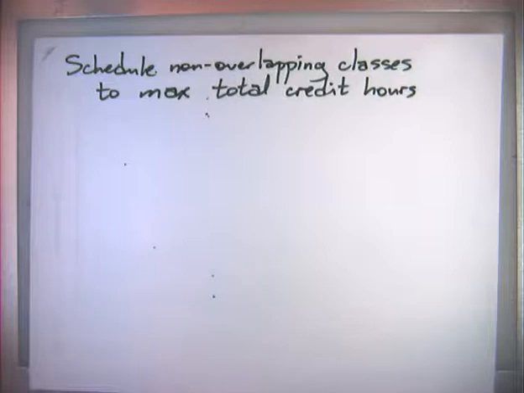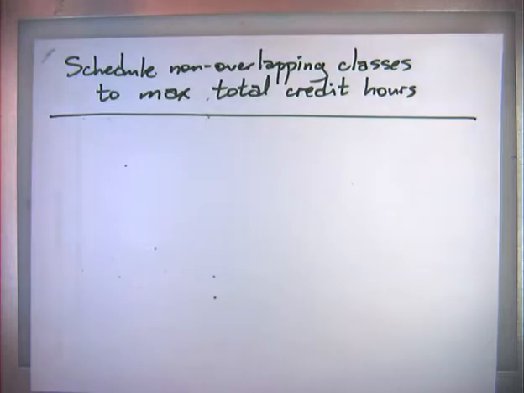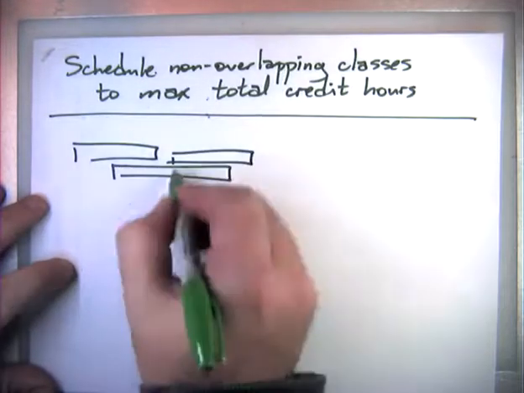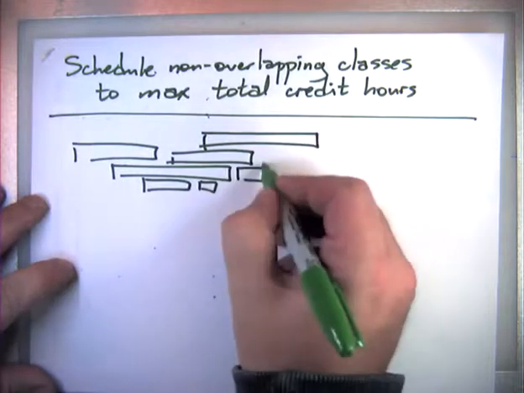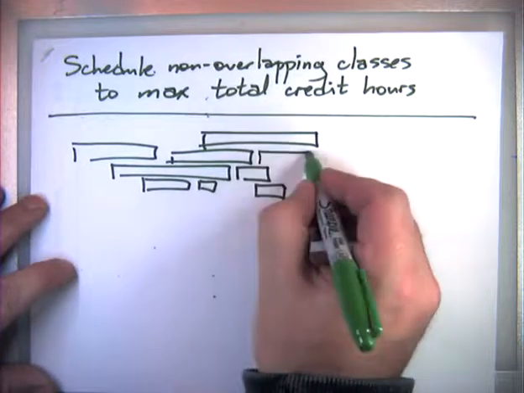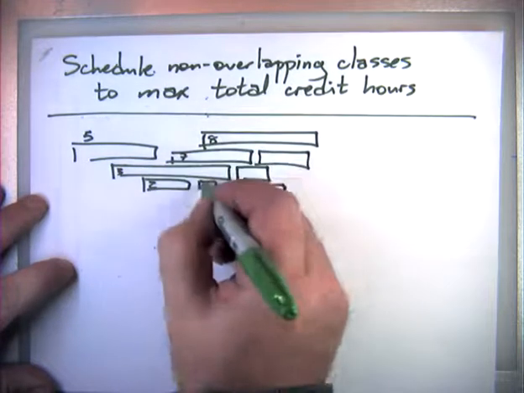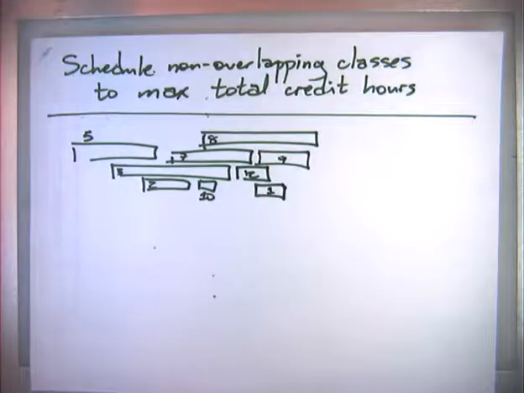Okay, so this looks like some sort of dynamic programming thing, so I'm going to try to follow this general strategy of answering dynamic programming questions. Which is first, let me develop some kind of recursive backtracking algorithm. So each of these classes has some number of credit hours attached to it. And the question that I'm going to start with is, hey, there's this class that I picked first in the greedy algorithm.